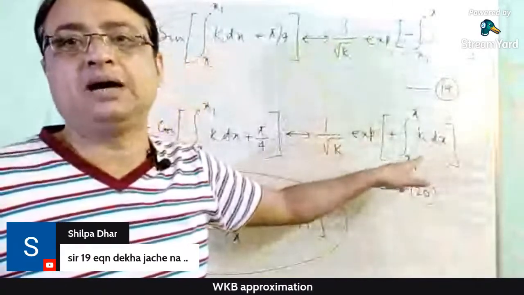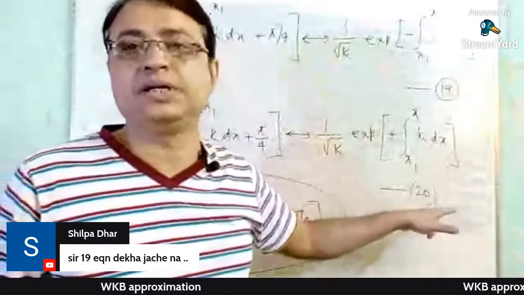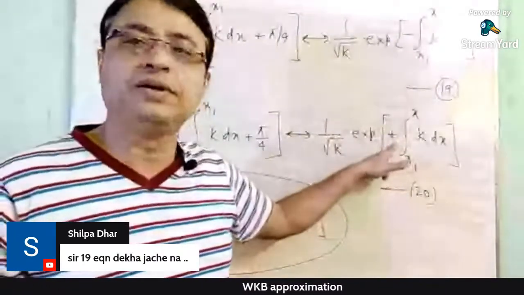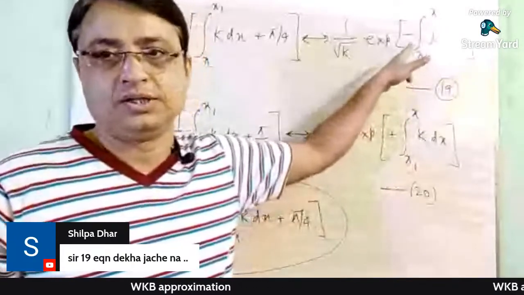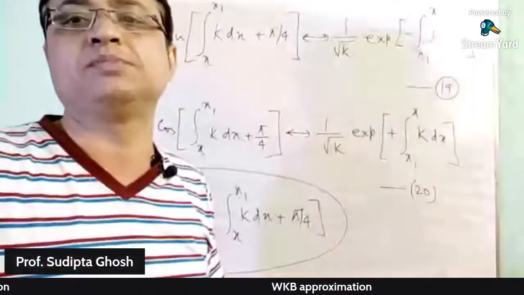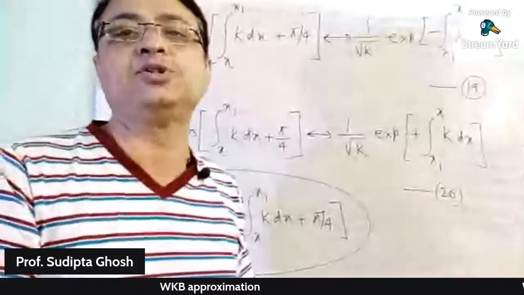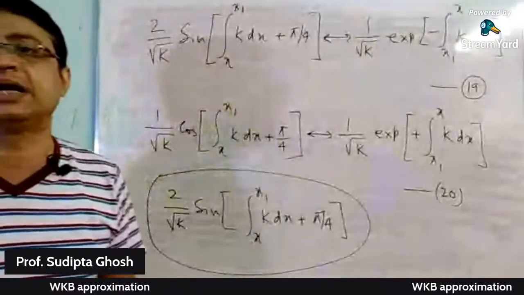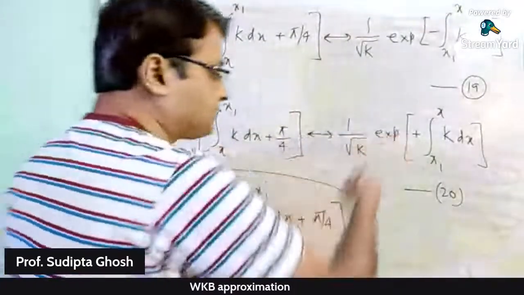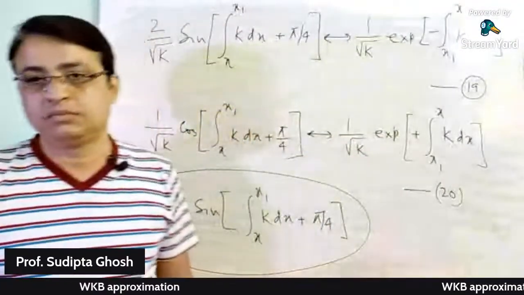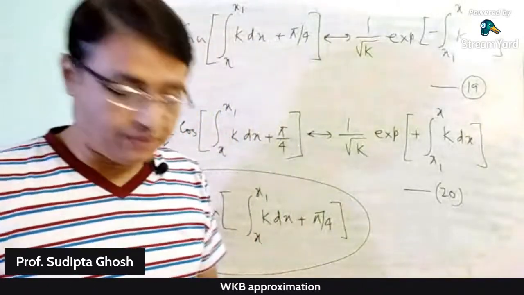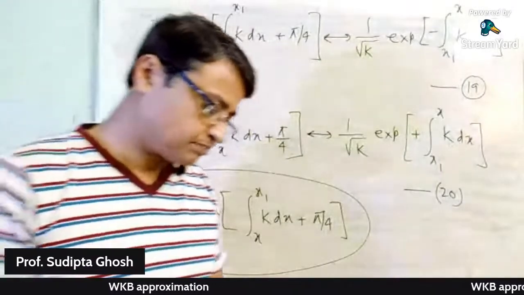This is the term also written in equation 20, but the difference is that here there is a positive sign and here a negative one. A negative sign means that this is an exponentially decaying term, whereas a positive sign tells us that this is an amplifying term.